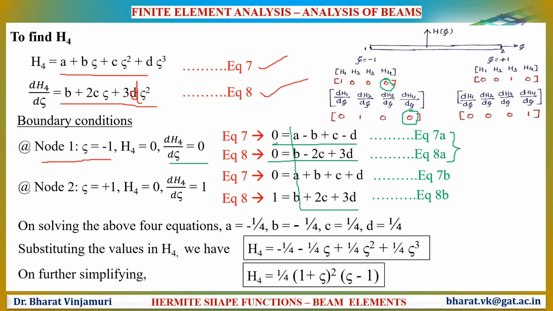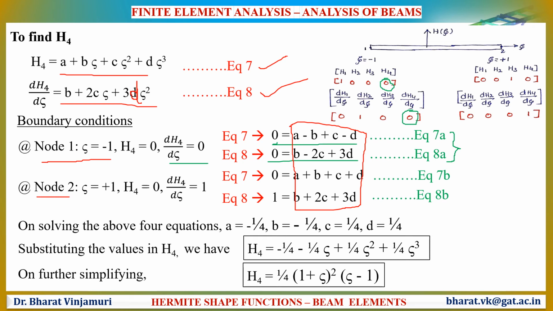Now once again I want you to understand the right hand side equations will remain the same, and only the equations on the left hand side are varying. The right hand side equations are the same here.